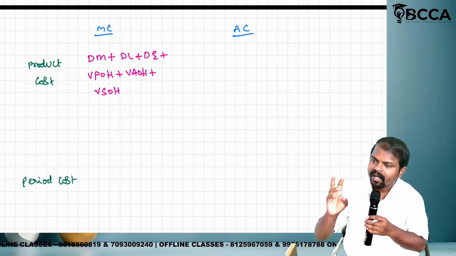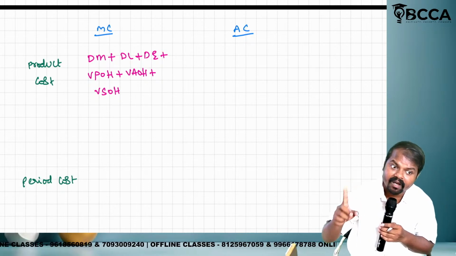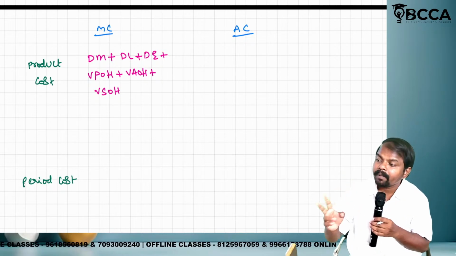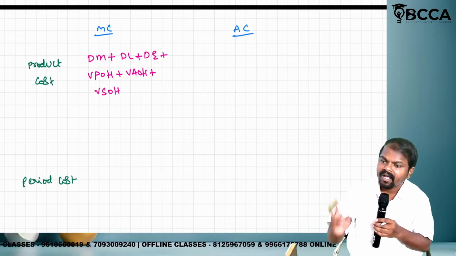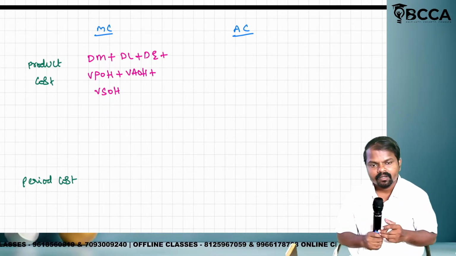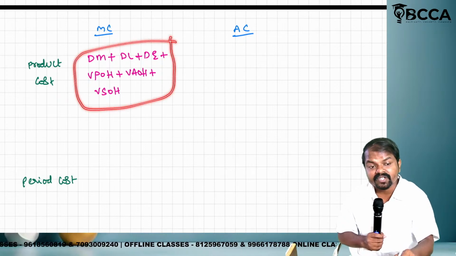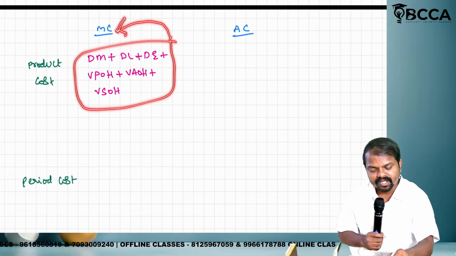Direct material plus direct labor, direct expense, plus variable portion of production overhead, variable portion of administration overhead, variable portion of selling and distribution overhead. This is the product cost in the view of marginal costing technique.